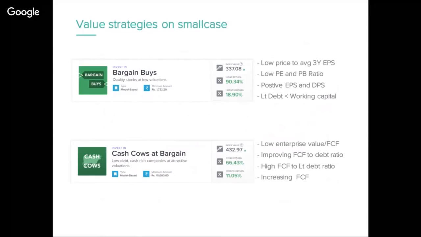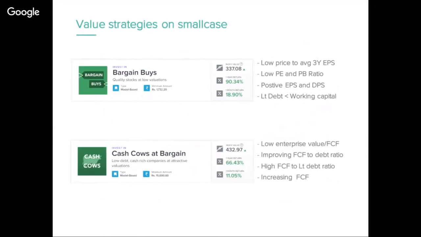I'm referring to the bad discounts and good discounts that we just discussed: the company might be undervalued because of some bad reasons, or it might be undervalued because sometimes market participants have a tendency to overreact. So by looking at factors like positive EPS, DPS, or the capability of the company to fund long-term debt with its working capital, we can try to avoid the bad discounts and segregate the good investment opportunities.